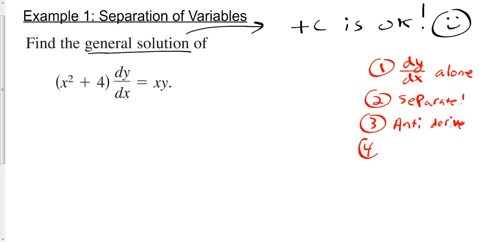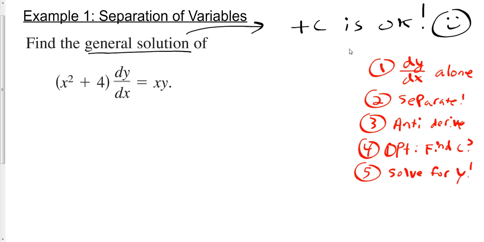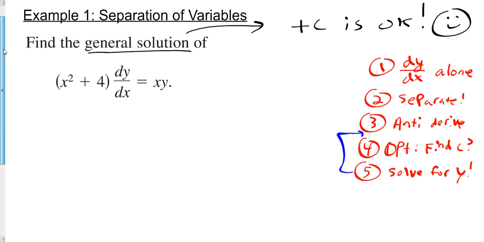And then, this is optional, find C. We're always needing to solve for y, and that step can either go here or it can go here. So that's your choice. Finding C is optional depending on whether they're asking for a general solution or the particular. So let's do it.